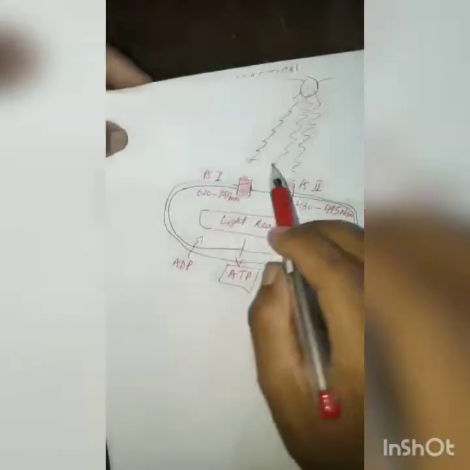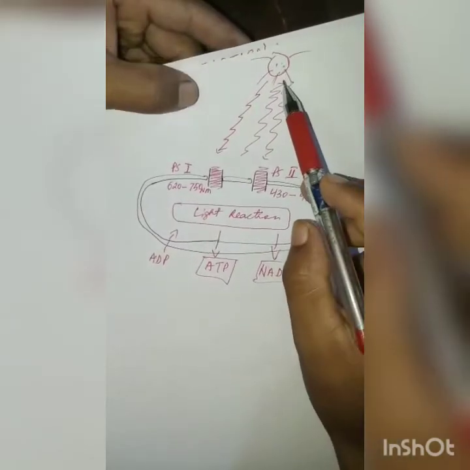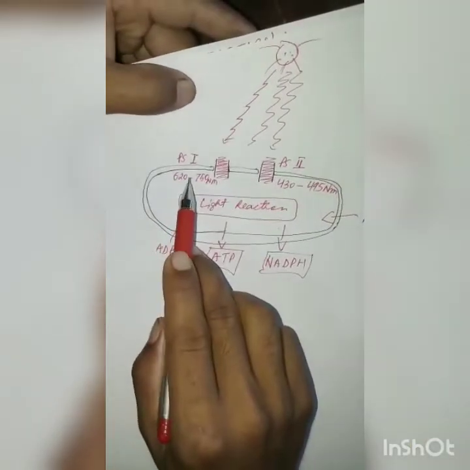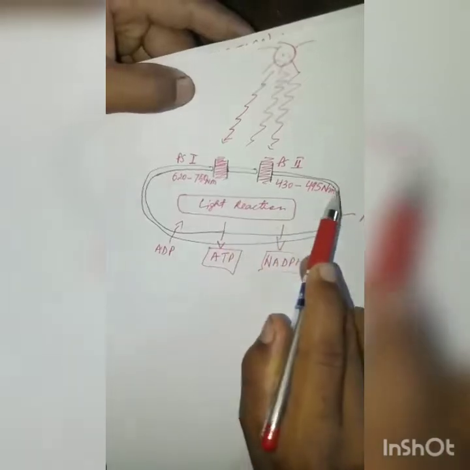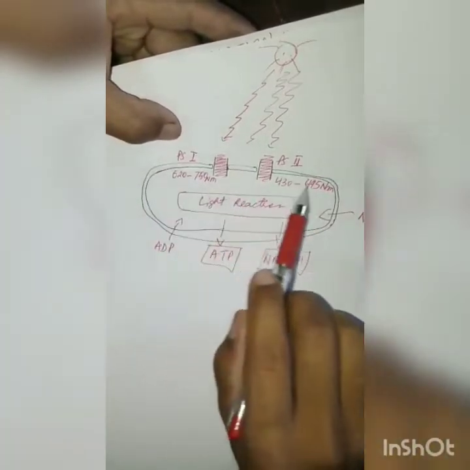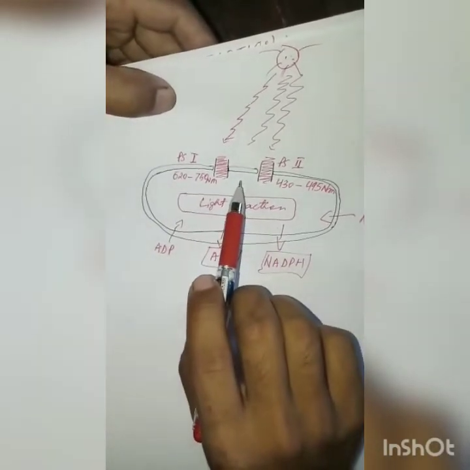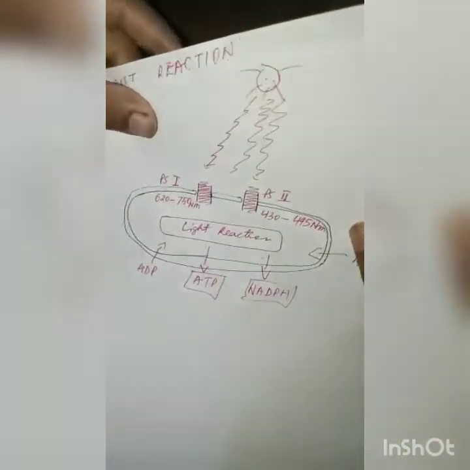Now this is about the light reaction. Suppose this is the sun. Then it occurs inside the leaves. This is the thylakoid, inside the leaves.